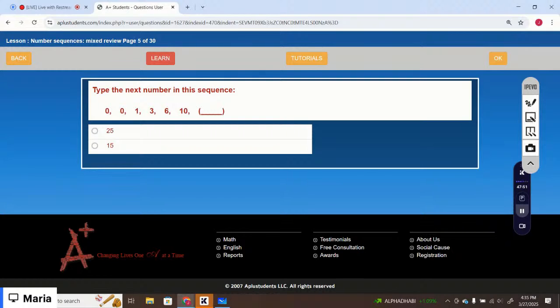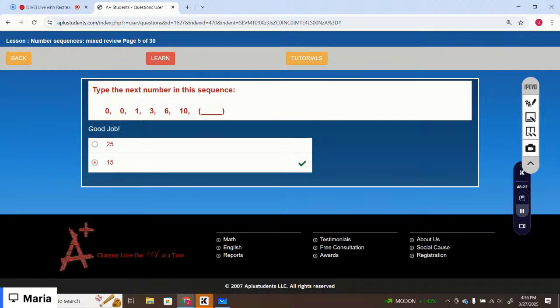The next number in the sequence is 15. Option number 2 is the correct option.